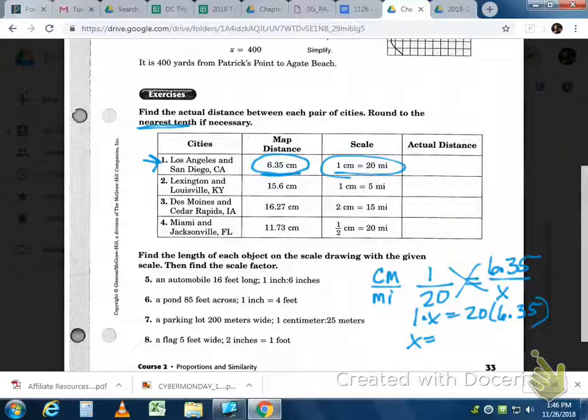And then you're allowed to use calculators again. 20 times 6.35 is 127. How would I label that? X equals 127 miles. So if I was filling this in up here, 127 miles.